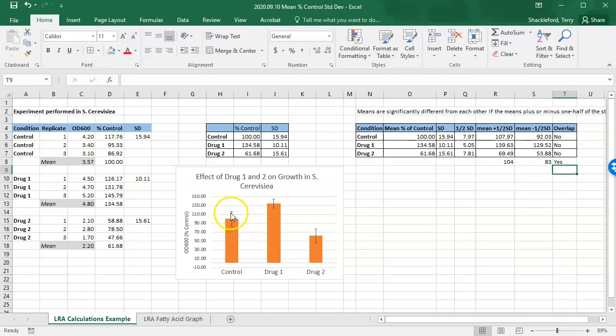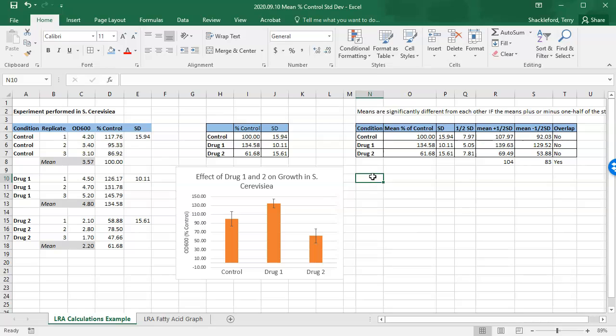Now, of course, the error bars are not showing us 1/2 standard deviation. They're showing us the full standard deviation, right? But when we're doing this test over here, it's kind of giving us that same kind of concept. Are these error bars overlapping? But it's not as stringent as looking at the full standard deviation.